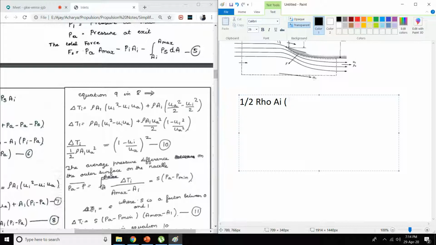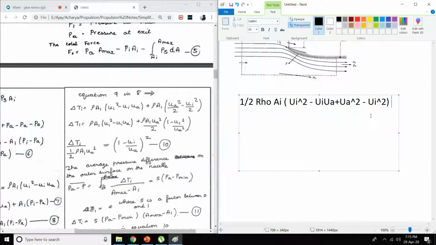What you'll have inside is Ui square minus Ui Ua, then plus Ua square minus Ui square.